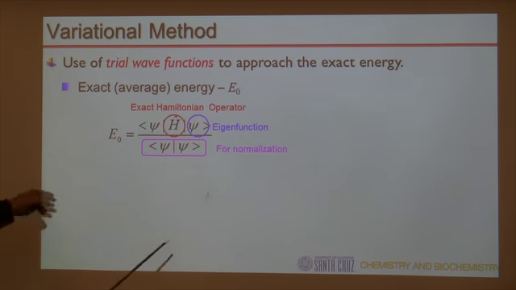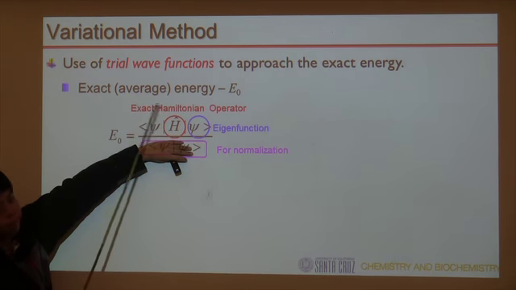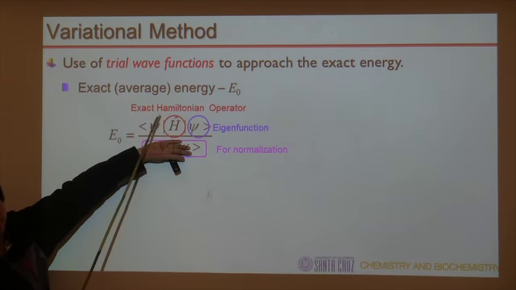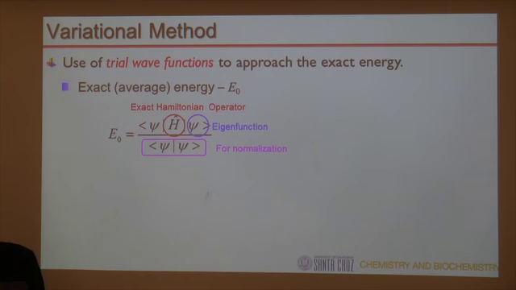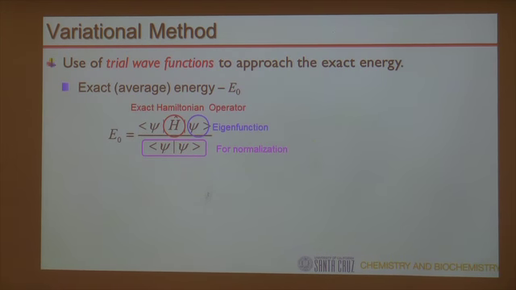The top part, the numerator, is what we learned in chapter 4, to evaluate the average energy. You still remember that to evaluate the average of an observable A, we can use this expression over all space.